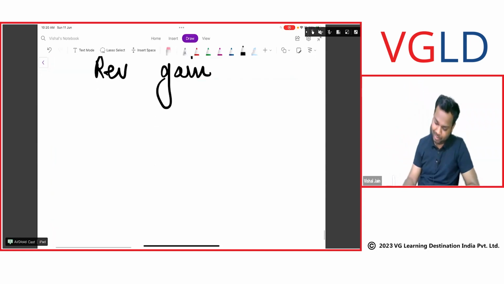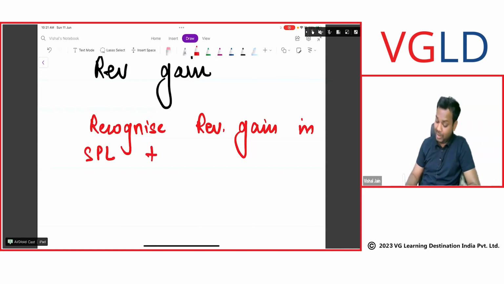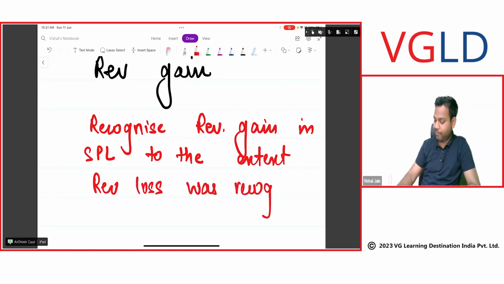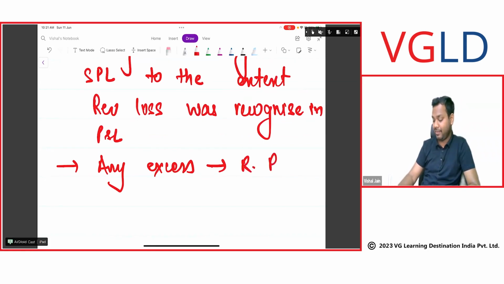Recognize the revaluation gain in P&L to the extent the revaluation loss was recognized in P&L. Any further or excess will be recognized in the revaluation reserve or revaluation surplus.